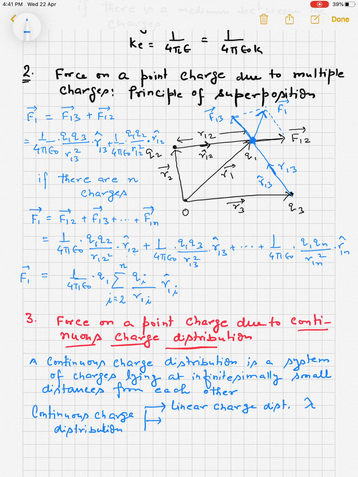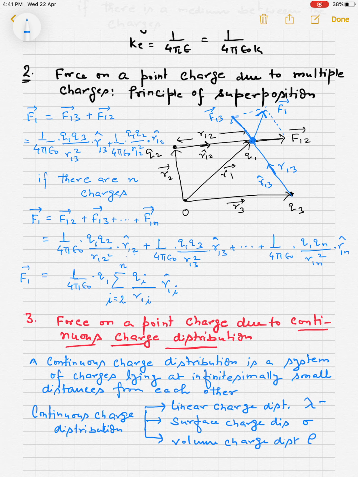Second is surface charge distribution, represented by sigma, charge per unit area. And the third one is volume charge distribution, represented by rho, charge per unit volume.